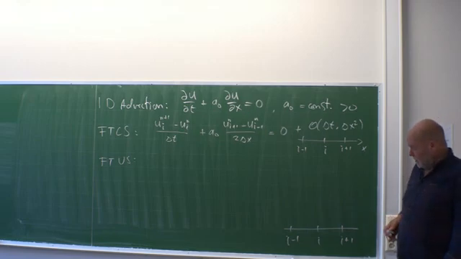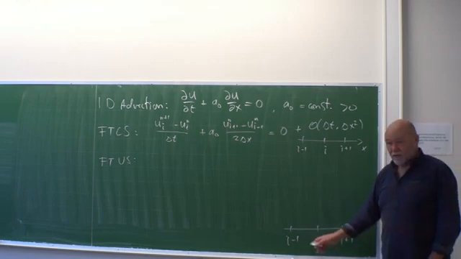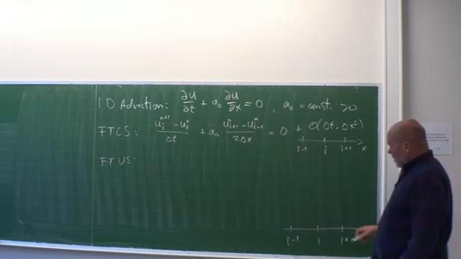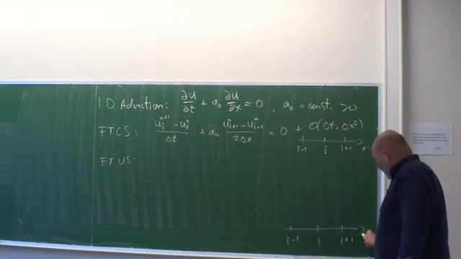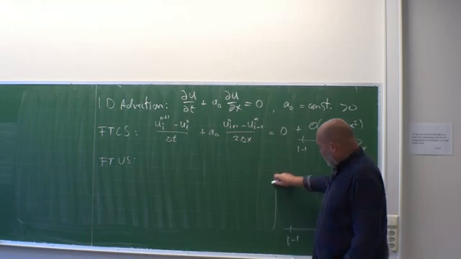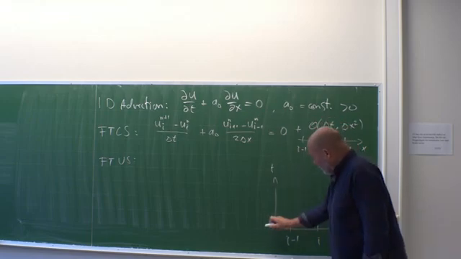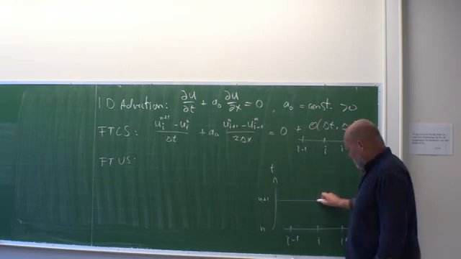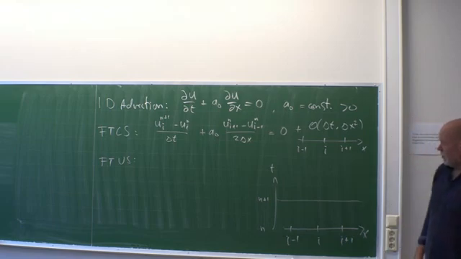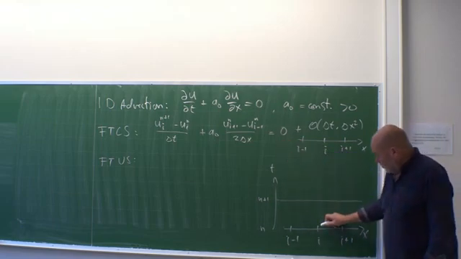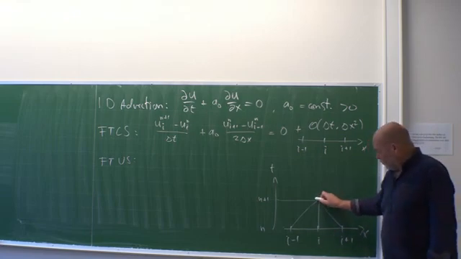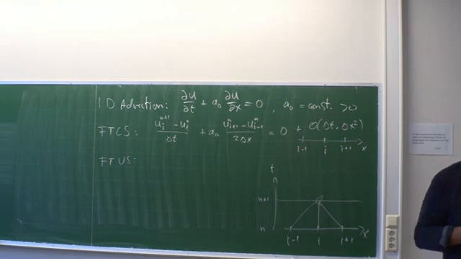It means the same, but when you do the programming, you're going to use these indexes anyway, so I think that one is much easier. So if this is space, and then you have time here, this is time level n, this is time level n plus 1. So for this recipe you are using the center point and these two points to find this new one up here, right?